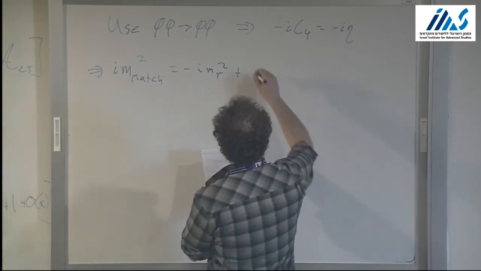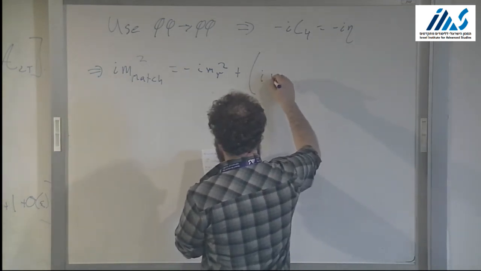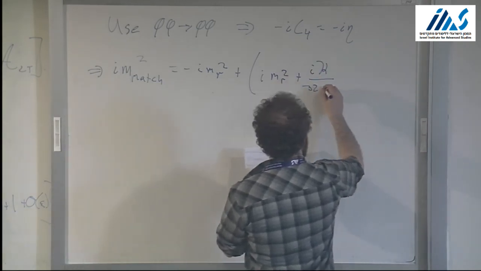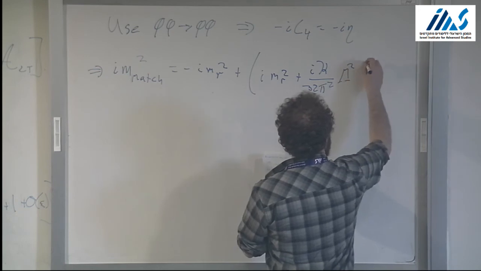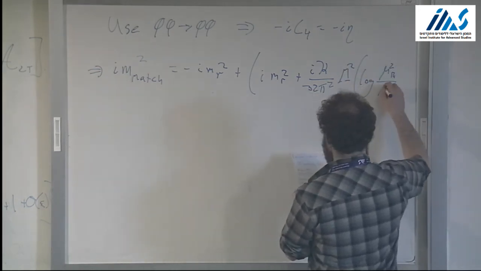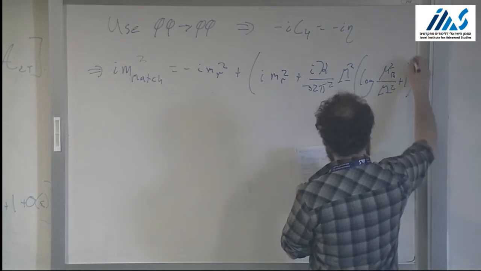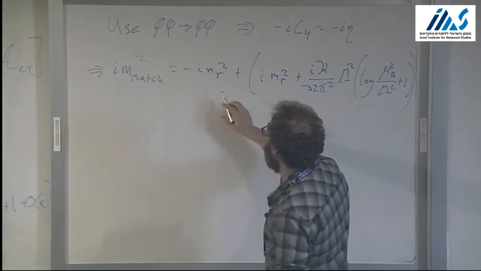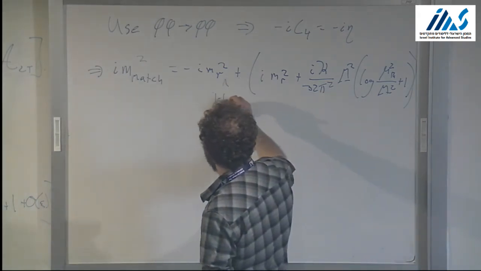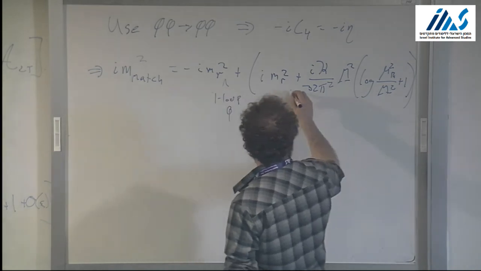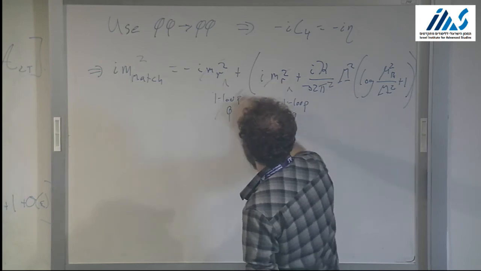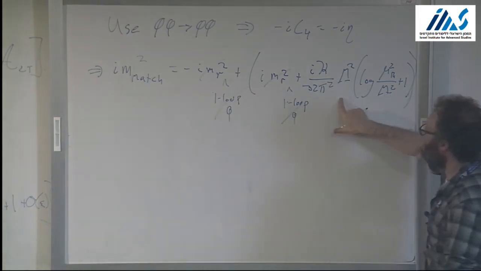Yeah, I got the signs right. i m_r squared plus i kappa over 32 pi squared, big M squared, log of mu_match squared over big M squared plus 1. Okay? And I didn't write there's the one loop little phi here and one loop little phi, right? So these cancel, and you're left with this, okay?